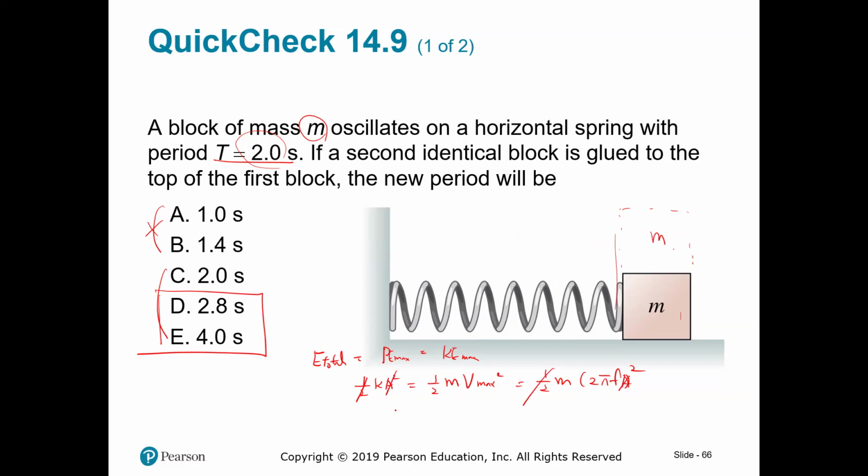So then now you see k is m (2 pi f) squared, right? So again, 2 pi f is root k over m. Your f is 1 over 2 pi root k over m, right?